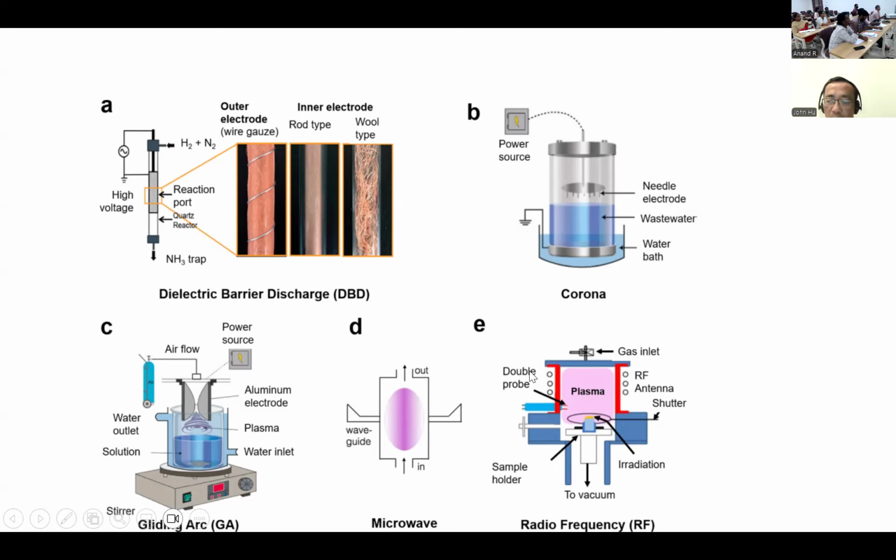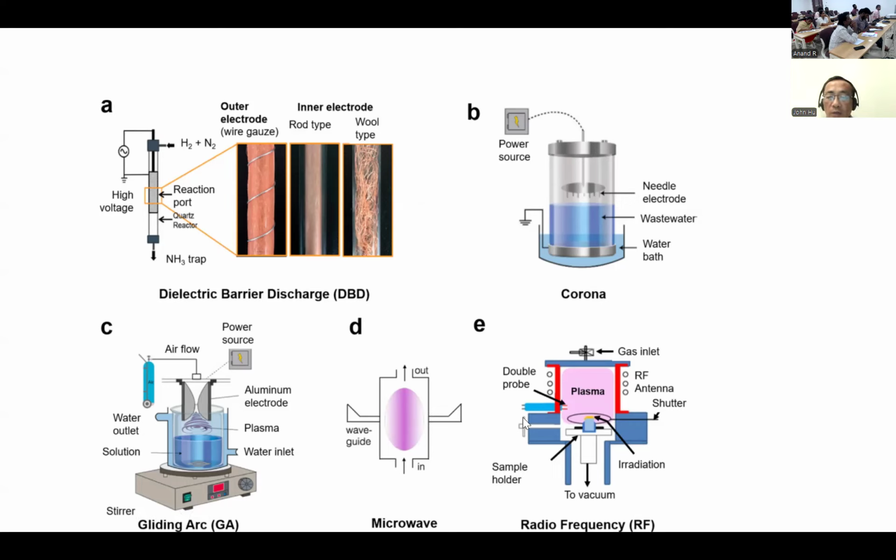Plasma can be generated by microwave or by radio frequency. Microwave frequency ranges from 300 megahertz to 300 gigahertz, while radio frequency is anything below 300 megahertz down to probably 10,000 hertz.